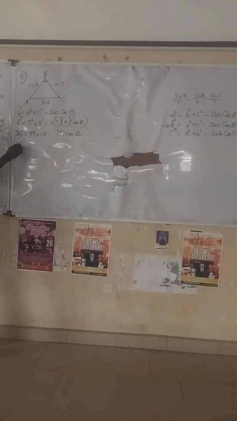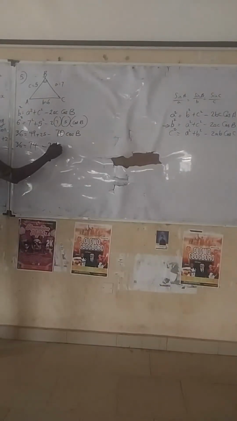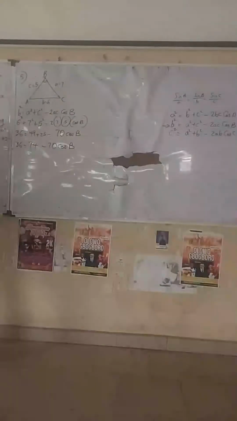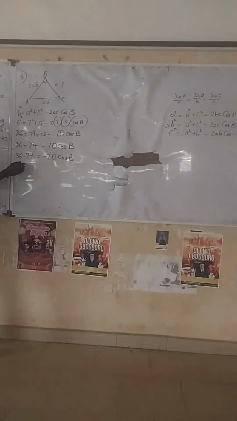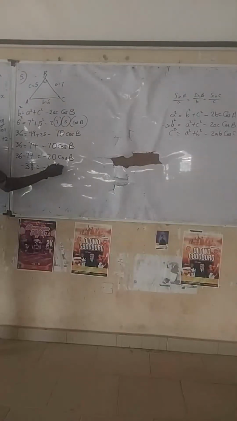So this will give us 36 equals 74 minus 70 cos B. Let's take this one: 36 minus 74 equals minus 70 cos B. This gives 38 equals minus 70 cos B.